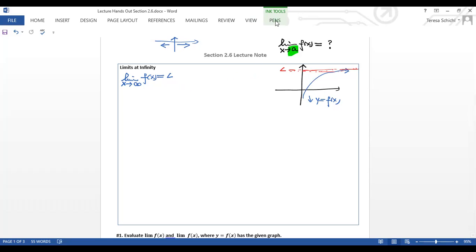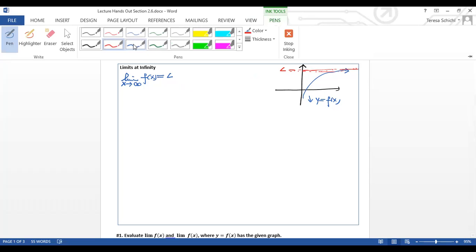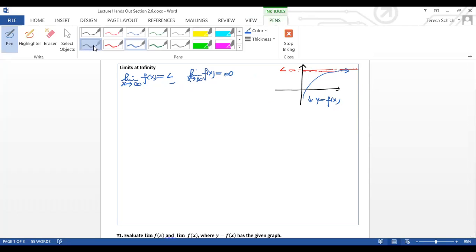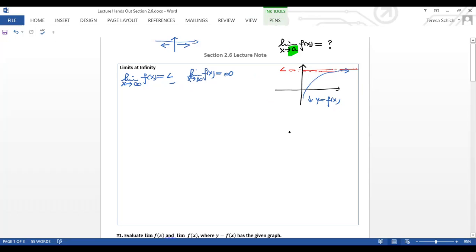Of course, sometimes when x approaches infinity, f of x doesn't have to approach a certain number. So how about if it approaches infinity? What does that mean? Let me draw a picture for you also.